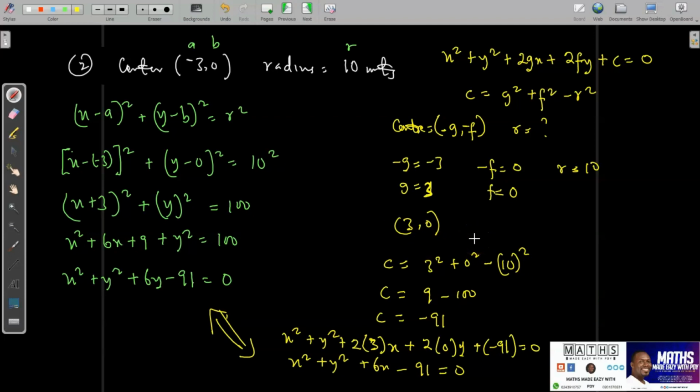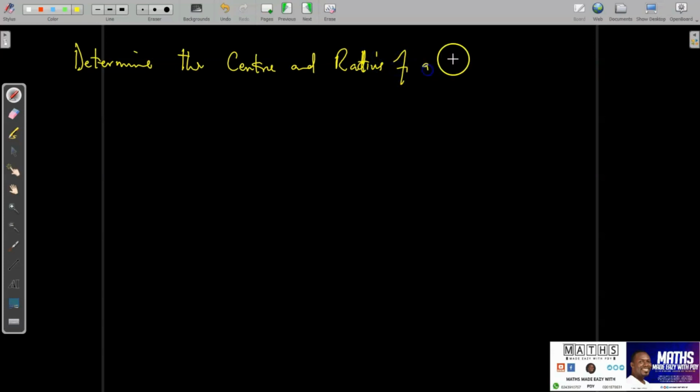Moving on to the next level, as I said, we want to determine the center and radius of a given equation of a circle.